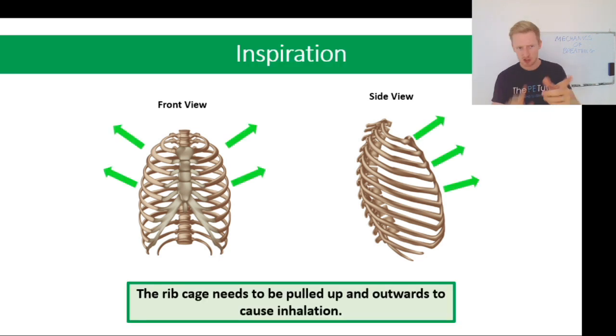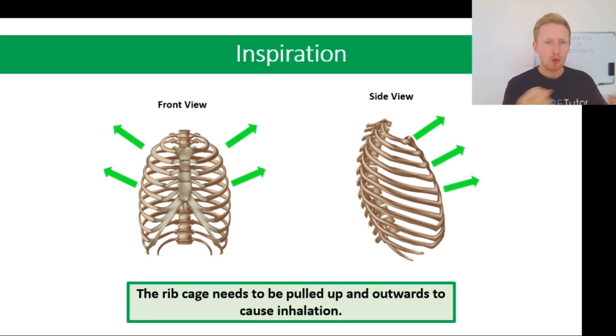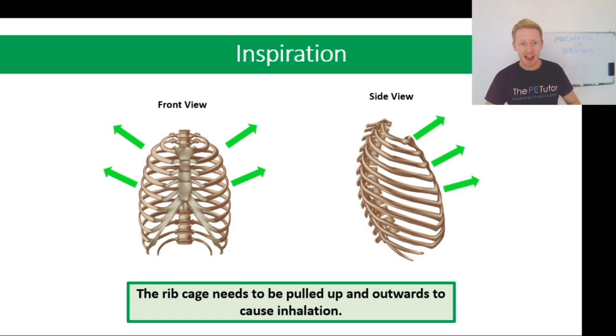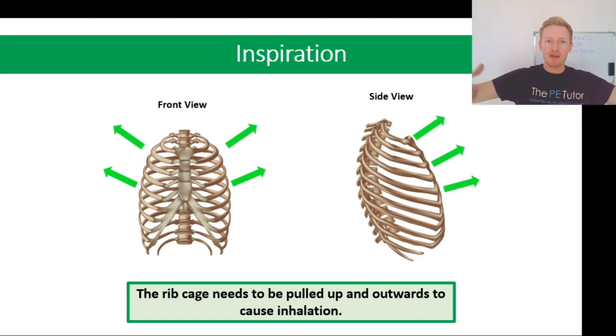Now you might be thinking, just before we move on, so what? Why do we care about the rib cage moving? The ribs can't hold air, they've got gaps in, air's going to be seeping out of those bones, but it's our lungs which are attached to the inside of the rib cage, which are pulled along with the ribs.